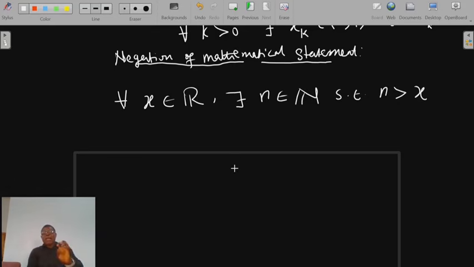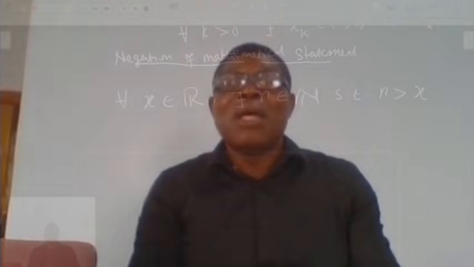For any x I pick in the set of real numbers, there exists n in the set of natural numbers so that n is bigger than x. This is a true statement because given any real number, there is a natural number that is bigger than that real number.